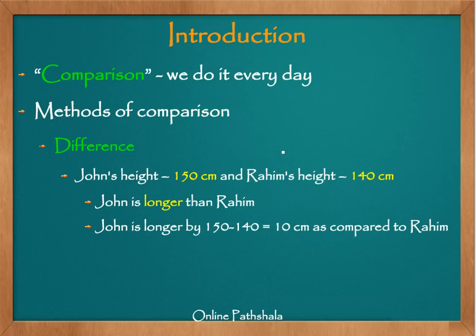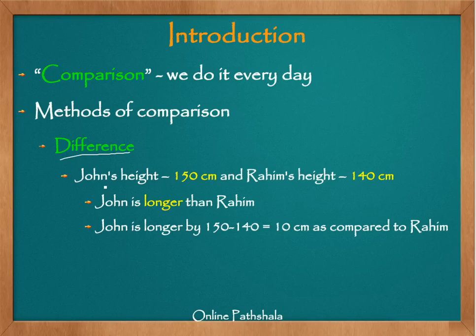So let us look at the most common method of comparison, and that is taking the difference. So difference is simply subtracting one quantity from the other. Now if I take a common example of comparison, it would be comparing two people's heights.